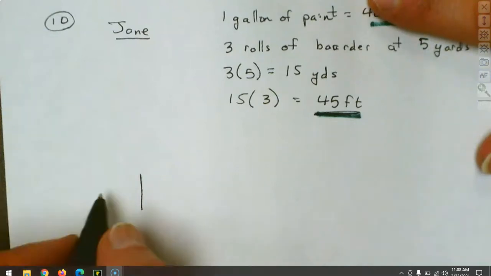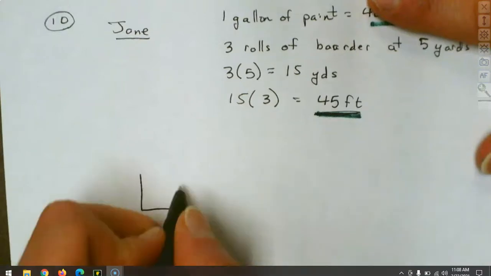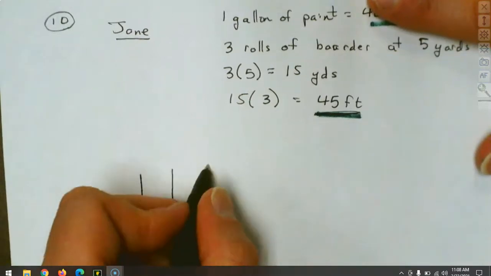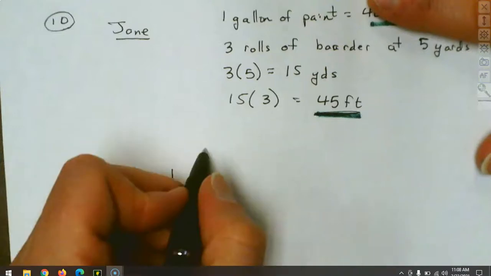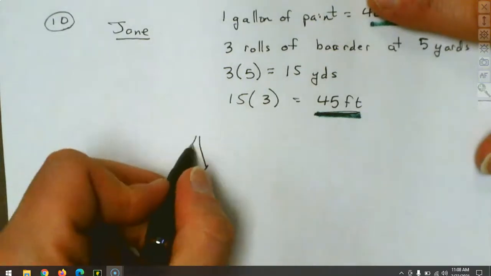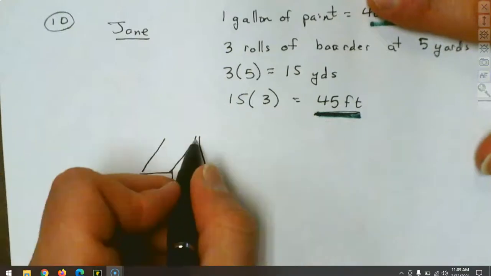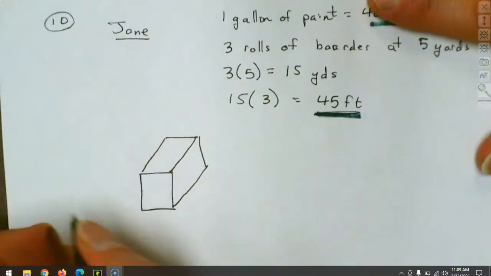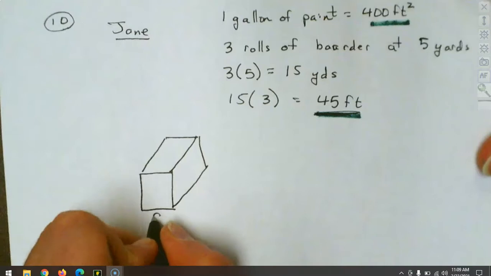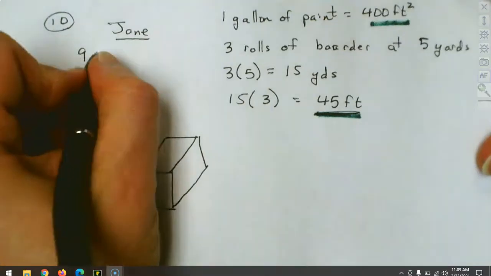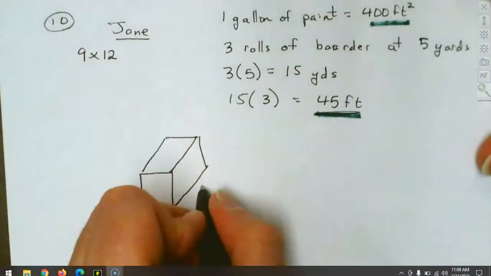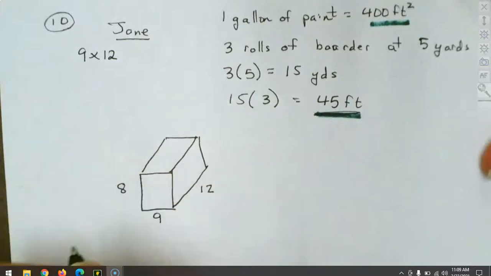Okay, so 8 foot ceilings here. So if I look at Jane's room as a rectangular solid, it's going to look like this. And we've got 9 by 12, and then it's 8 feet tall.